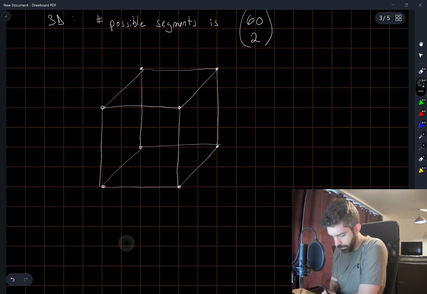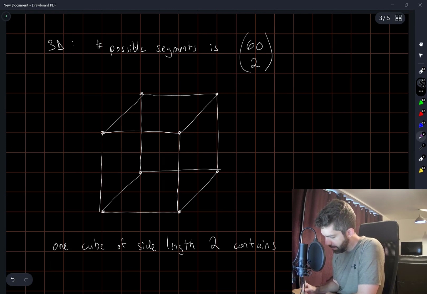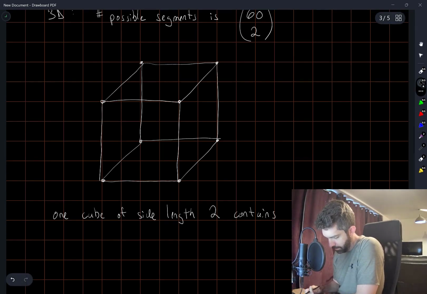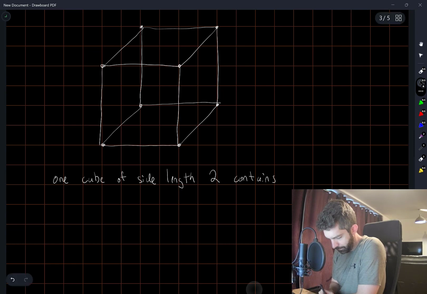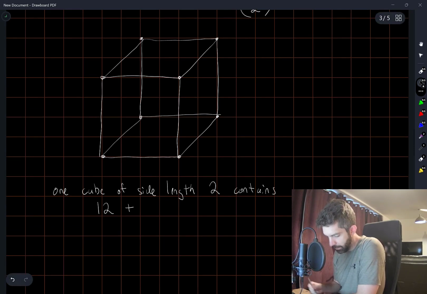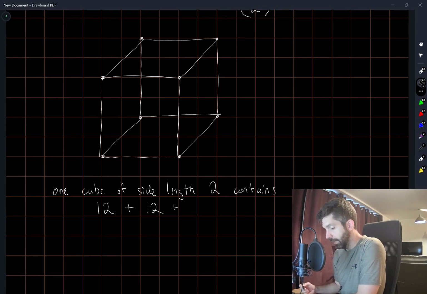Okay, so one cube. How many line segments does this contain that are successful? Well, there's going to be edges. There's going to be face diagonals, which is 12. Right, there are 6 faces, and each face has 2 face diagonals.